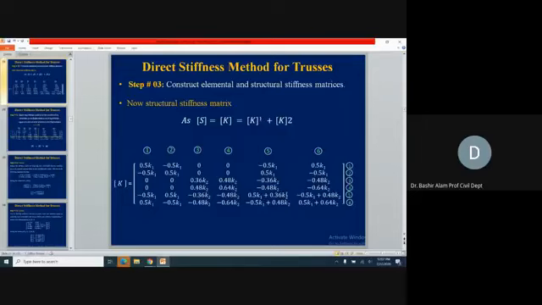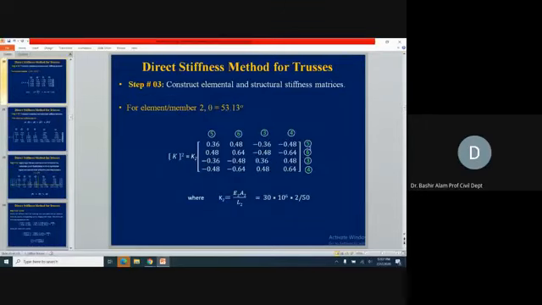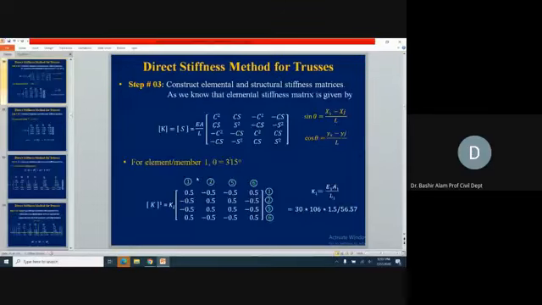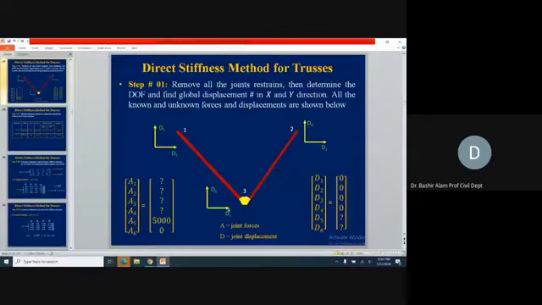If you go there, we have 5,5 here and 6,5 here in element 2, and in element number 1 we again have 5,5 and also 6,6. This is how both elements contribute. And what is the reason for this? If you see in this diagram, at the 5, 6 location, both members are connected. That is why both members are contributing.